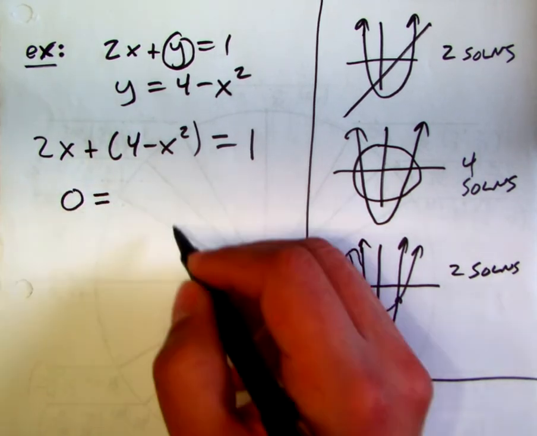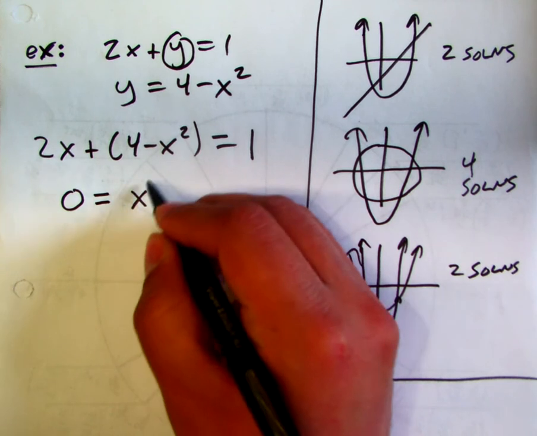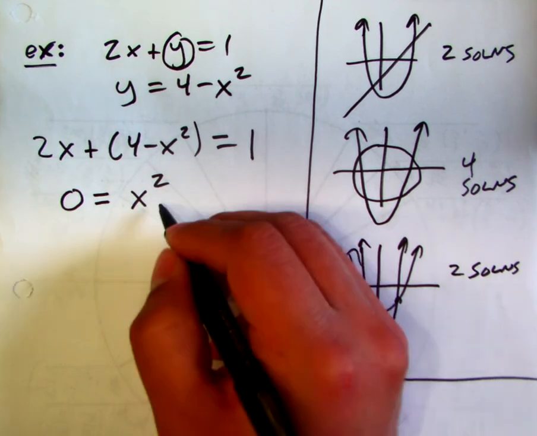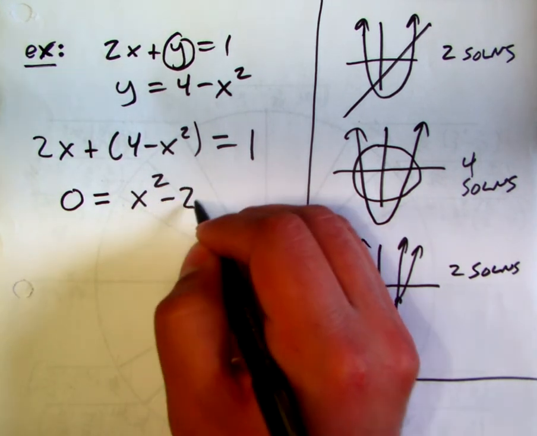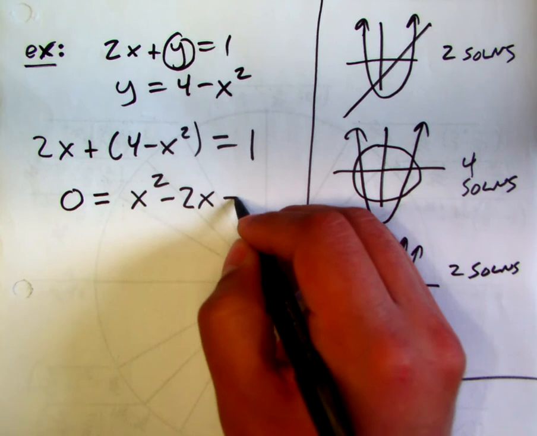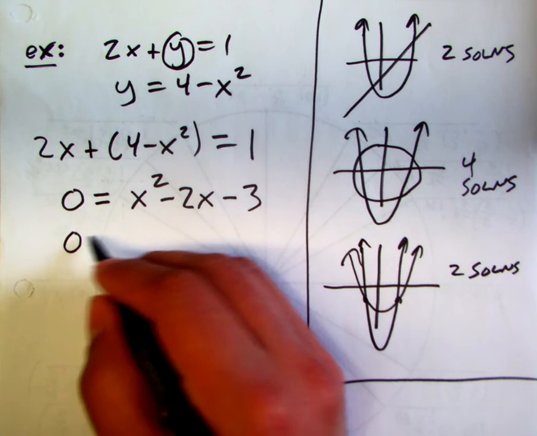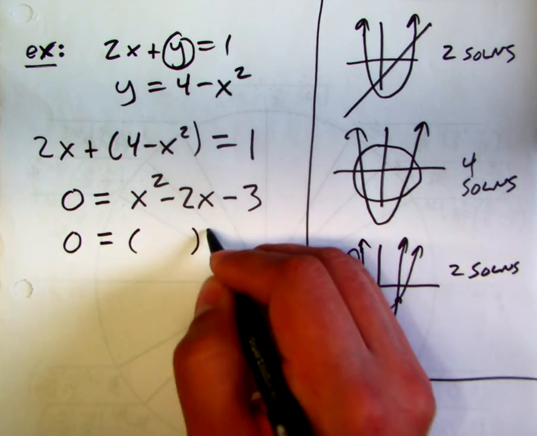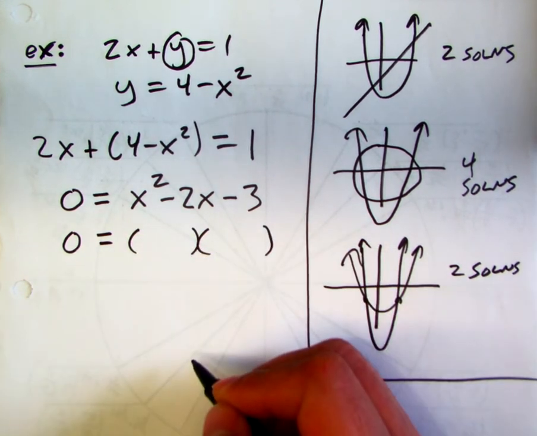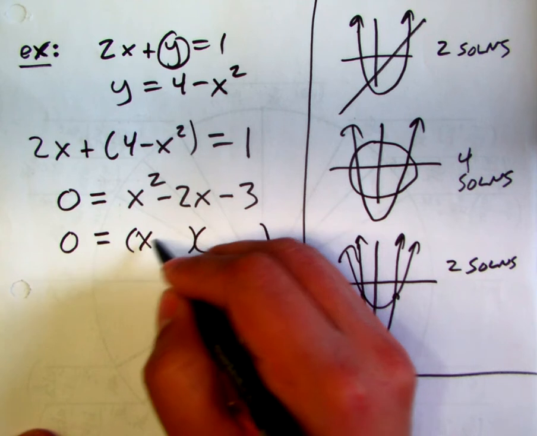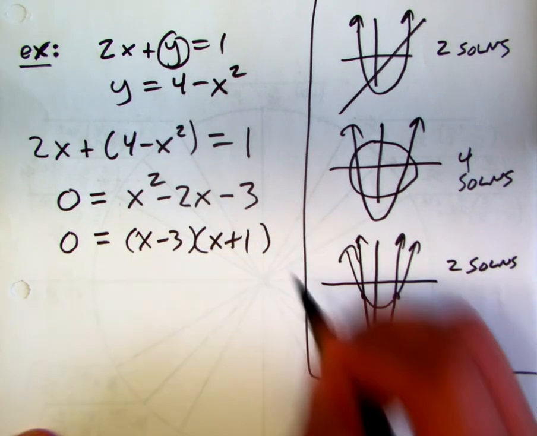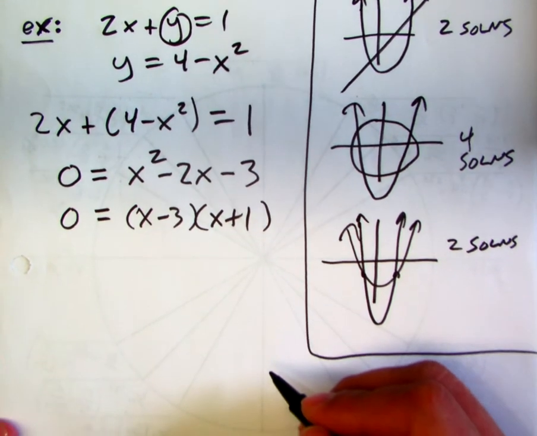So on the right it'll be positive x squared, subtract 2x, and if I subtract 4, you get minus 3. Which we can factor to what? x minus 3, x plus 1. Okay.